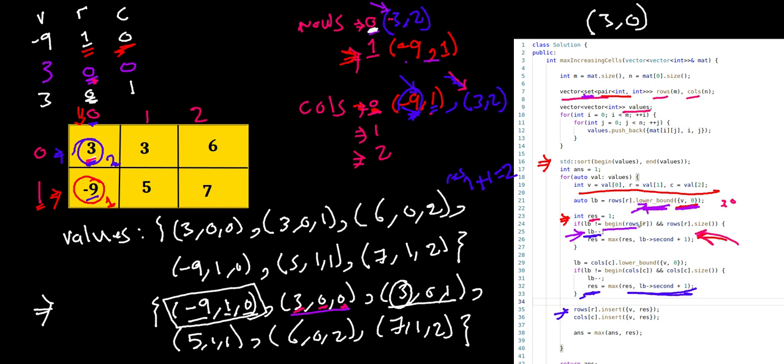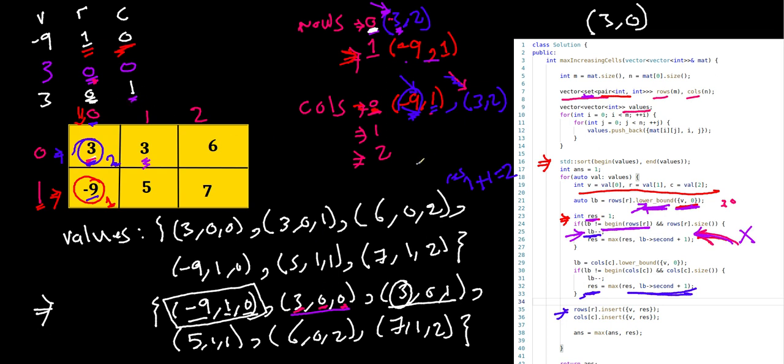This is why we check here. If this pointer is the begin, that means we cannot go from 3 to 3, so this condition will not be entered, and the result stays 1.